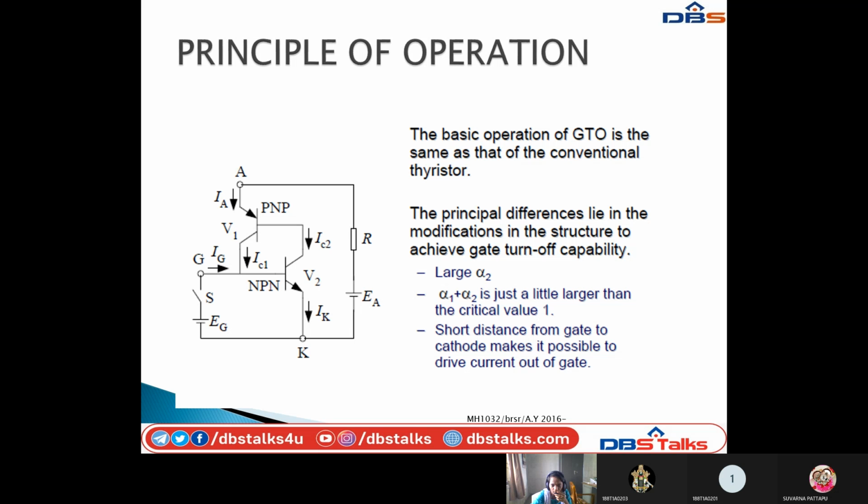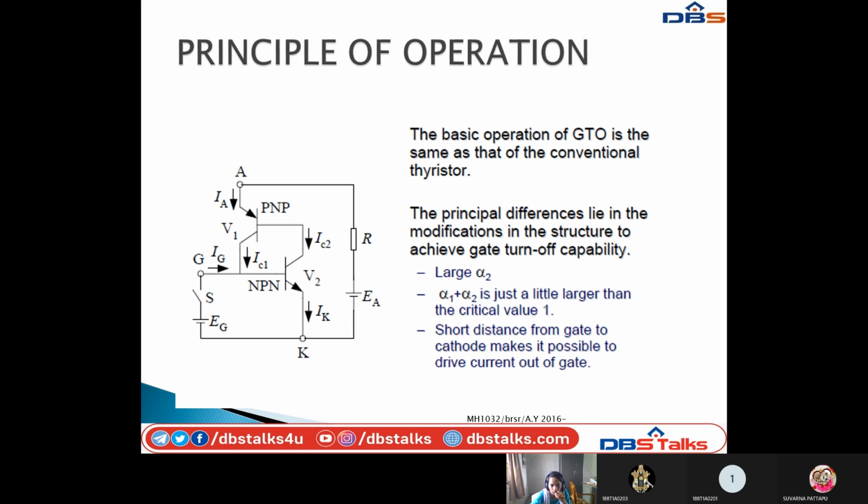The short distance from gate to cathode makes it possible to drive a current out of the gate. Here the alpha 2 will be larger than alpha 1.